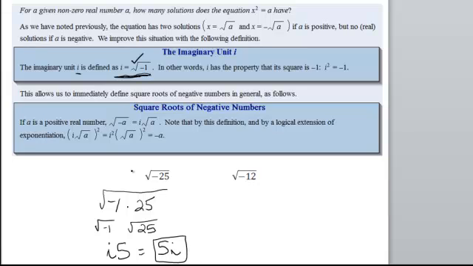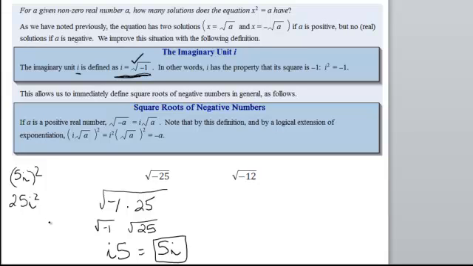Well, let's think about that. Can you square 5i to get -25? That's what that means. If you say that the square root of -25 is 5i, that means you can square this to get -25. Well, let's see. If you square this, you're going to get 25i squared. Well, what in the world is i squared?